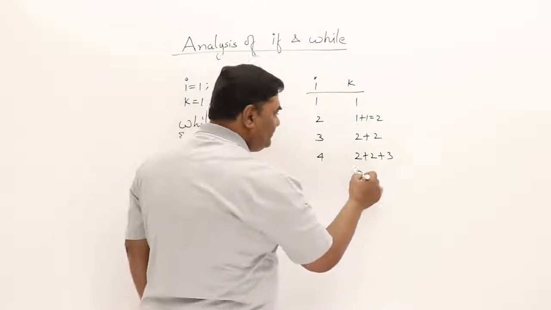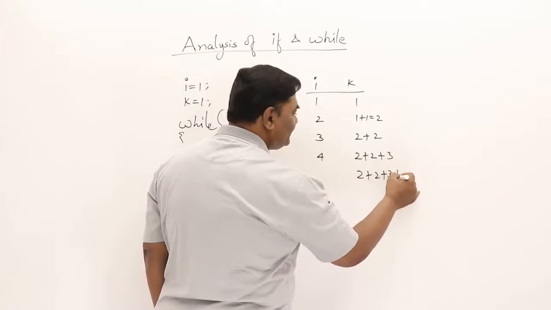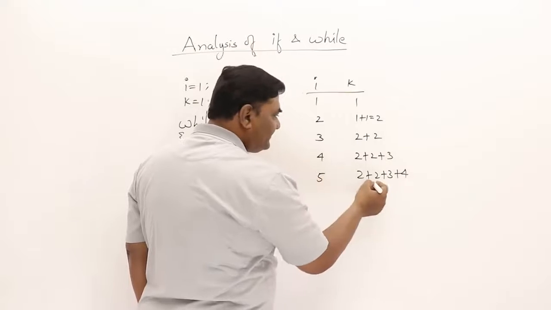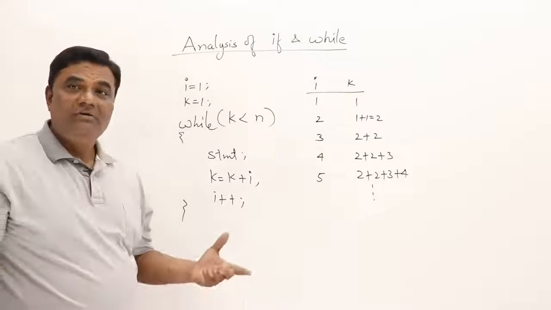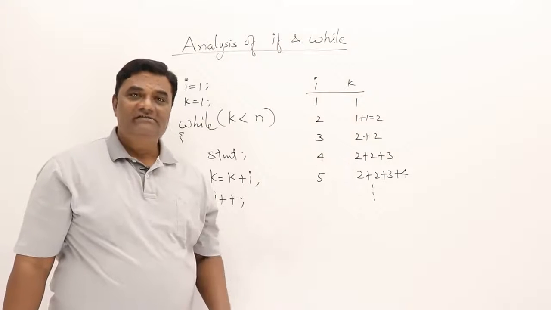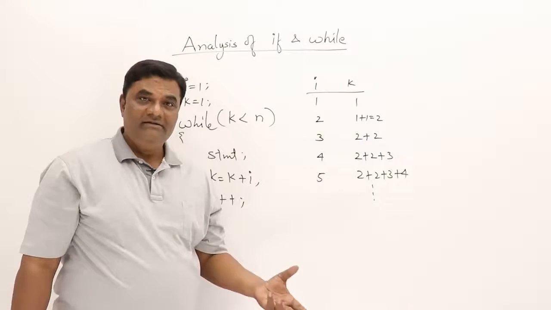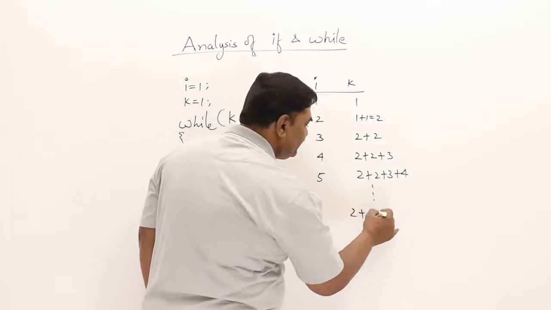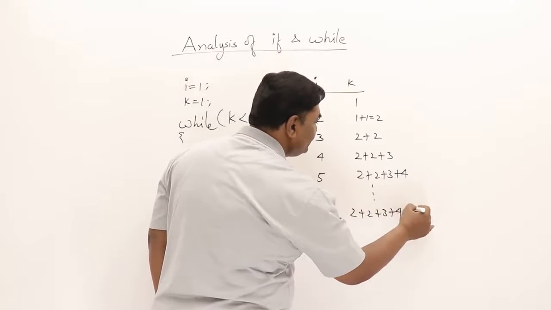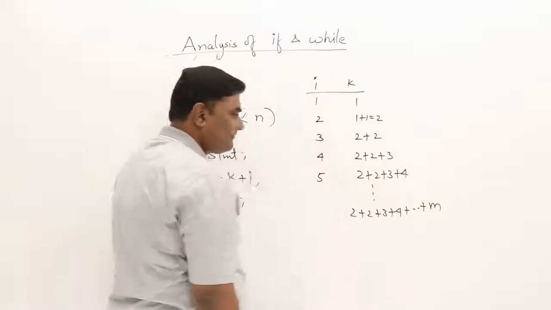Next time it will be 2 plus 2 plus 3 plus 4 and i becomes 5. So this is going on continuing. So how many times? I don't know how many times. Let us call it as m times. k already I am using it here. So 2 plus 2 plus 3 plus 4 plus goes on to m.